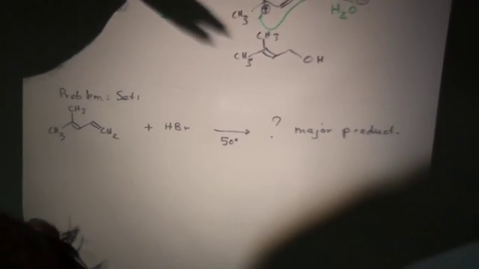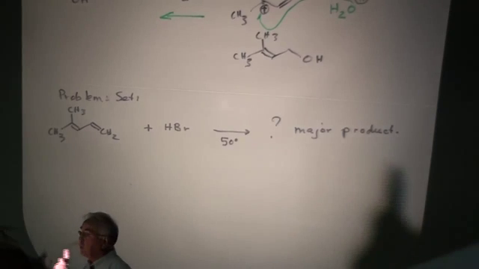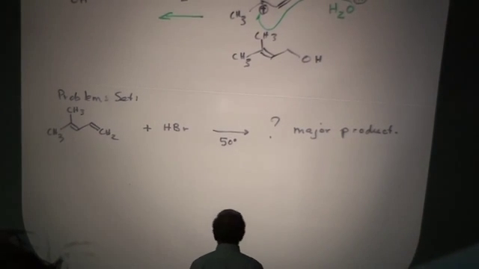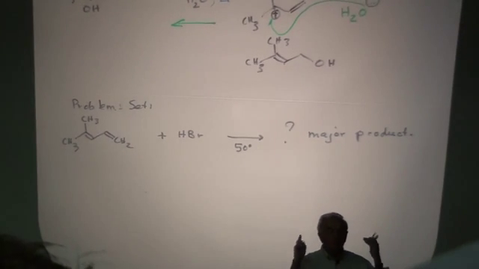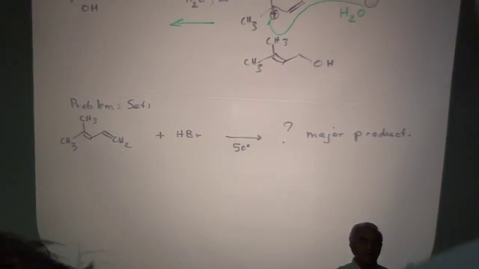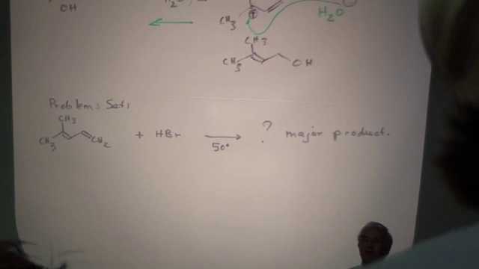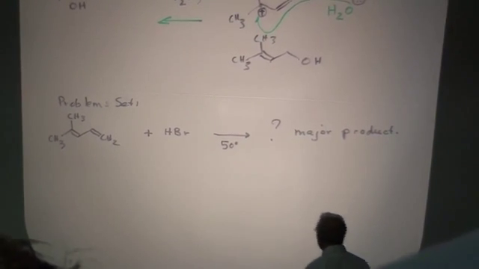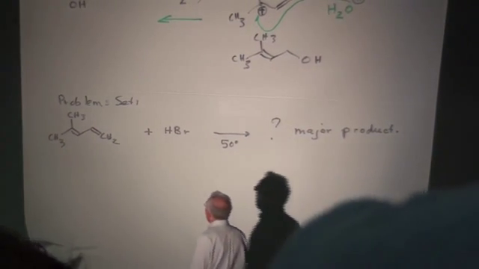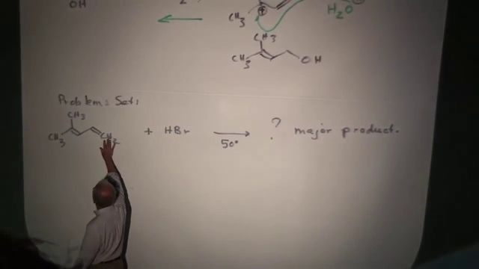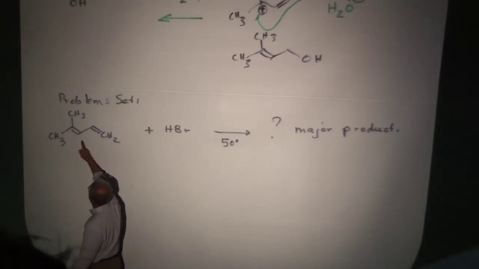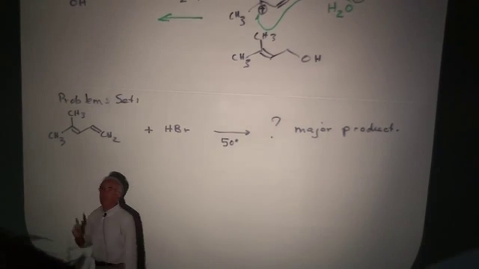And two questions you need to ask yourself. The first thing, the most important thing, is to say, first of all, I'm going to get the best possible carbocation. So you have to sit down and say, which double bond do I want to protonate? Do I want to protonate this double bond, or do I want to protonate that?